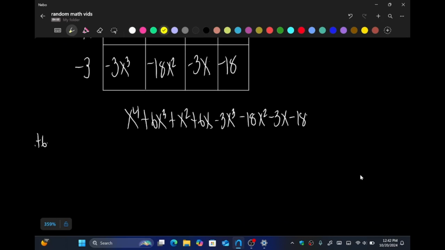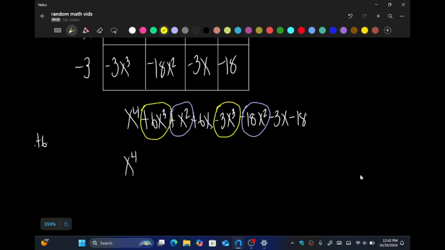Always make sure you label your like terms. So we have a 6x cubed, a negative 3x cubed. We have an x squared and a negative 18x squared. It does help to do this with colors, guys, if you do want to do it with colors. And then there's no other like terms, right? So you have x to the 4th, and then you want to make sure, again, you do it by descending exponents.